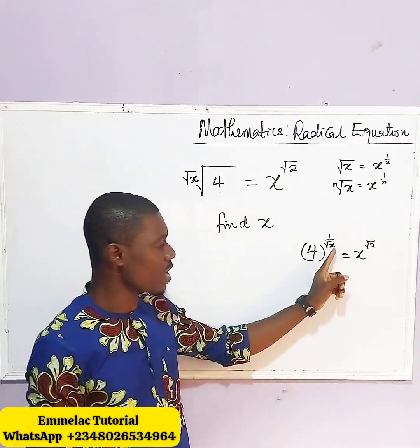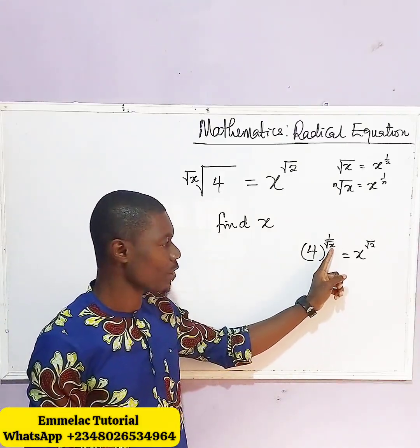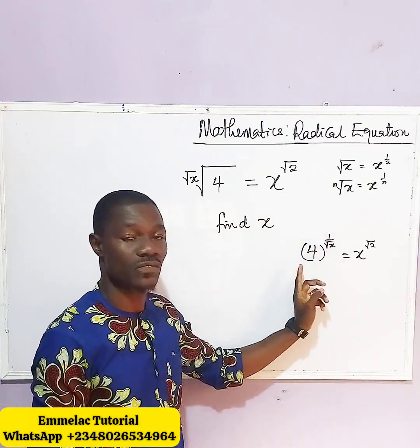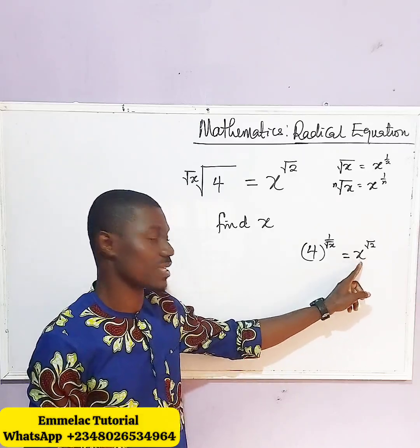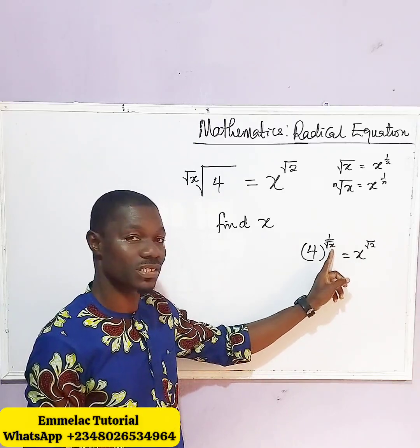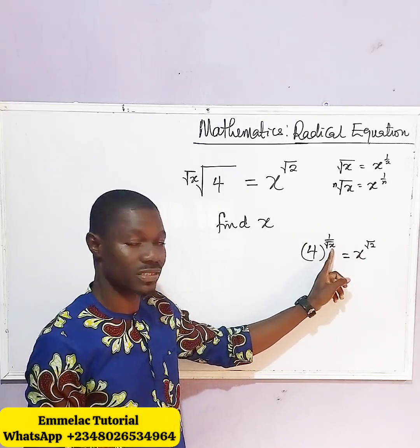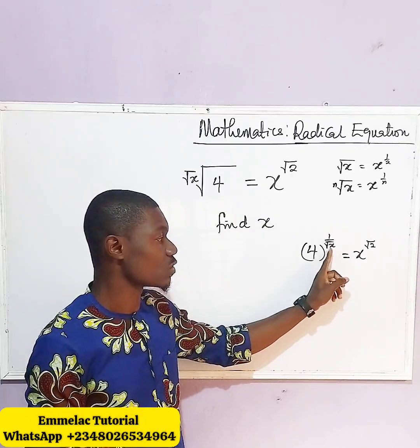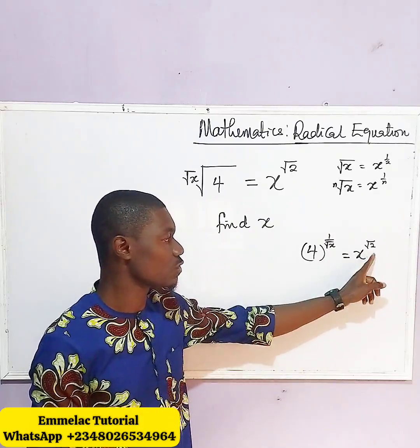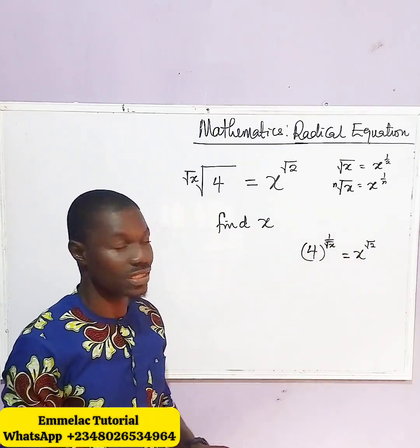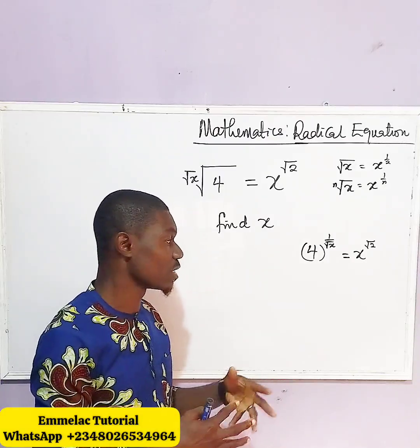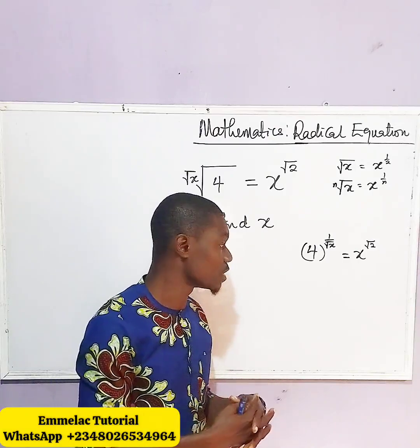Since we have x as a component of the exponent on the left hand side, and x as a base on the right hand side, I want to move the square root of x over to the right hand side, and the square root of 2 over to the left hand side. This is just to match the terms together, numbers to numbers, variables to variables.